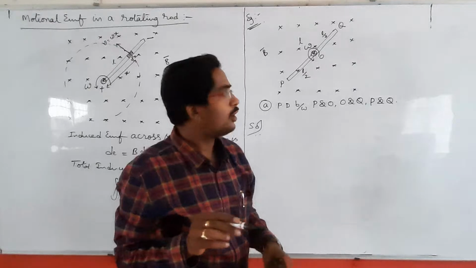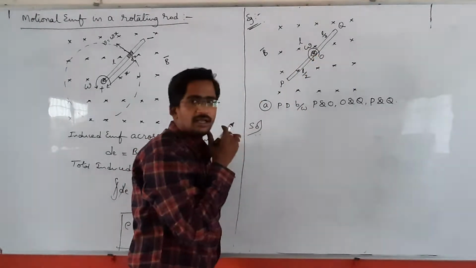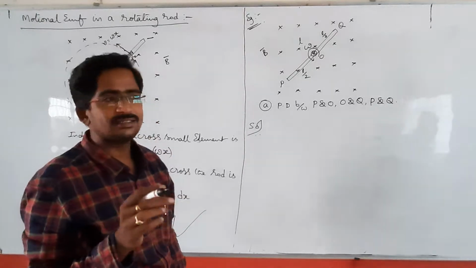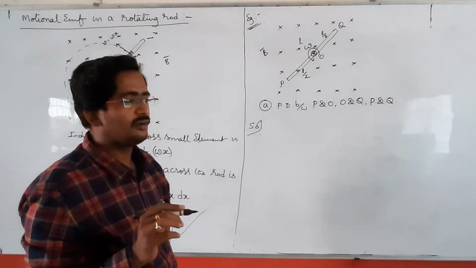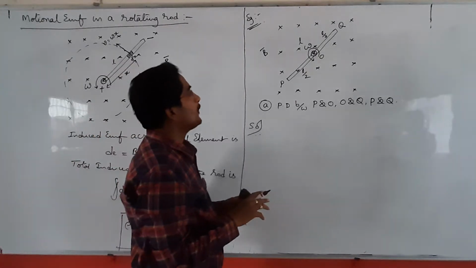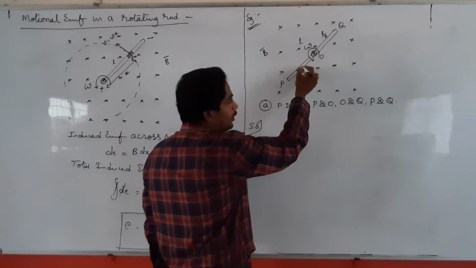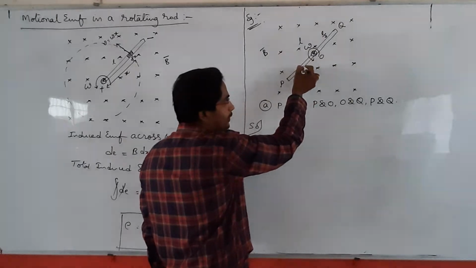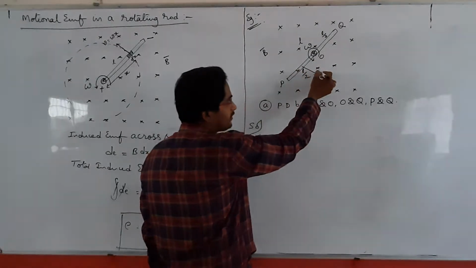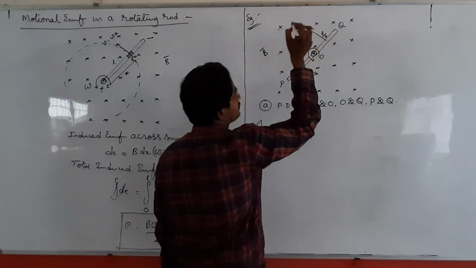Such that, how can we write the potential difference between O and Q? First we want to clarify which point is at high potential. Whenever the rod is rotating this way, each and every point on this rod moves in the perpendicular direction with velocity, and this side it is moving this way.